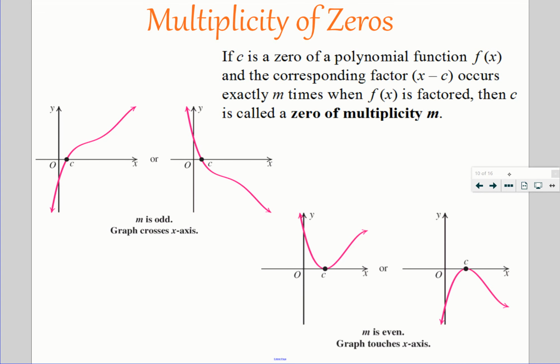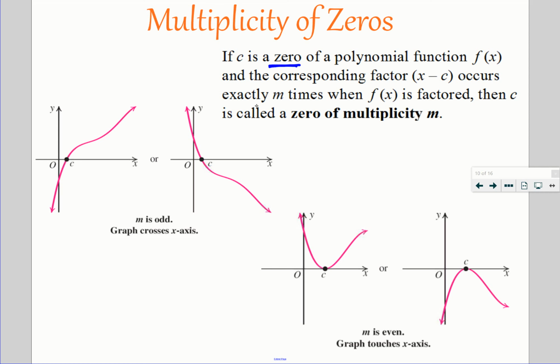The next thing we need to talk about is multiplicity of zeros. If a number is a zero of a polynomial function, and we're going to talk about that, it has to do with factors and solving. We did a little bit of that with quadratics, and we'll get more into that as this chapter continues. A factor or a zero can occur, and we're just going to focus on the zero part of it right now.